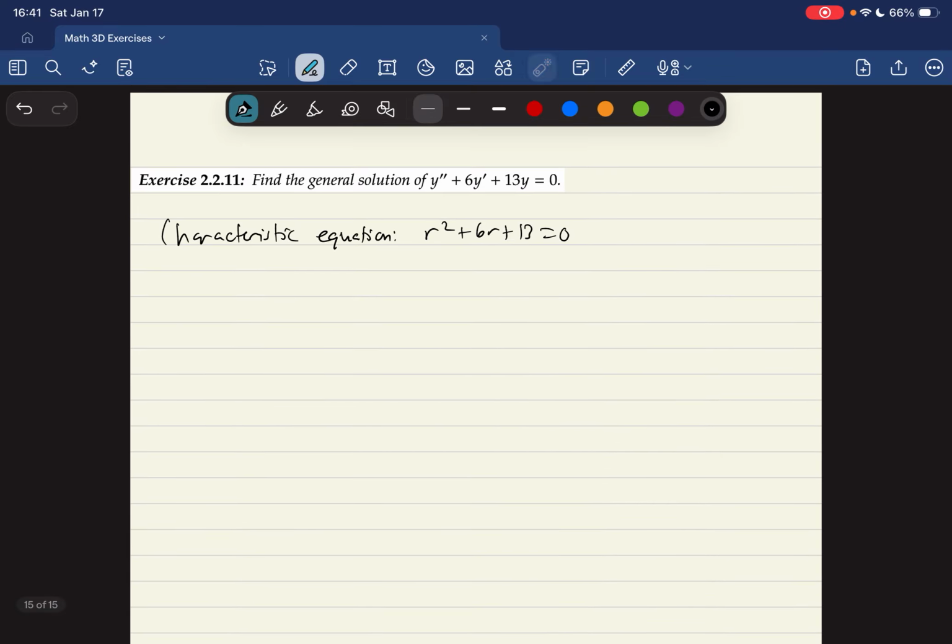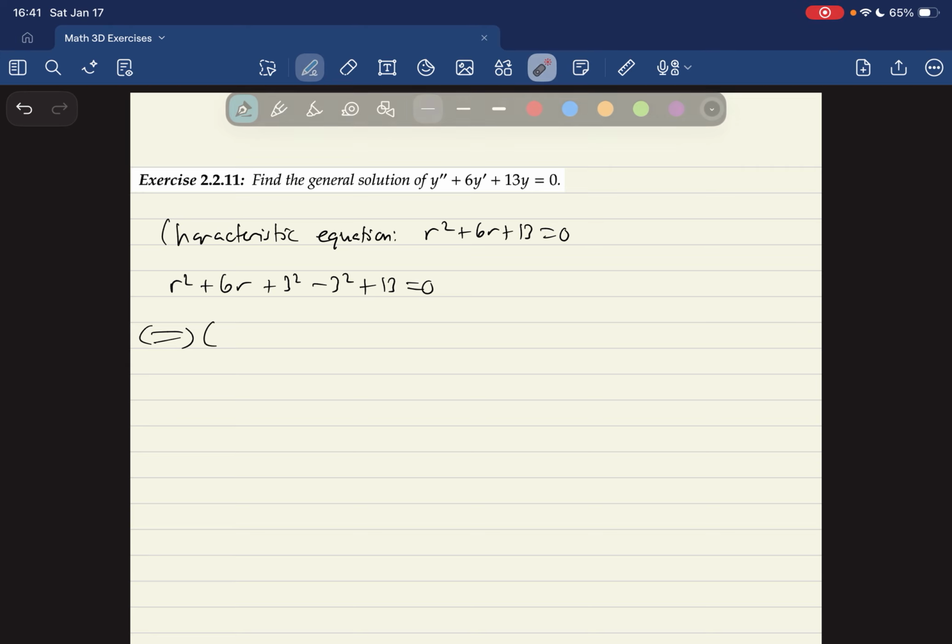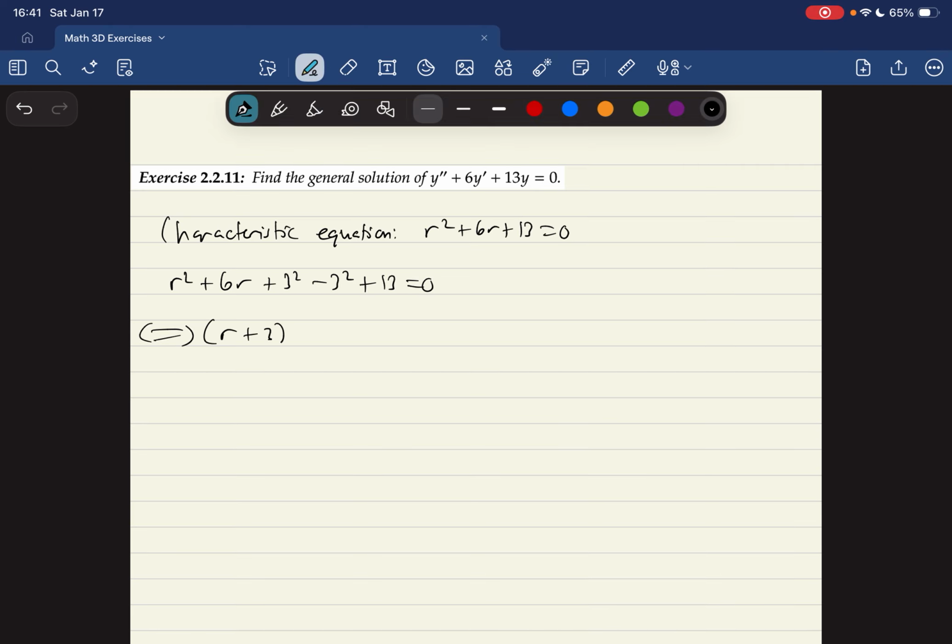So if I take this 6 and I divide it by 2, it's 3. So I'm going to add 3 squared, and I'm going to subtract 3 squared, and then plus 13 is equal to 0. And so just doing the completing the square, this becomes r plus 3 all squared.